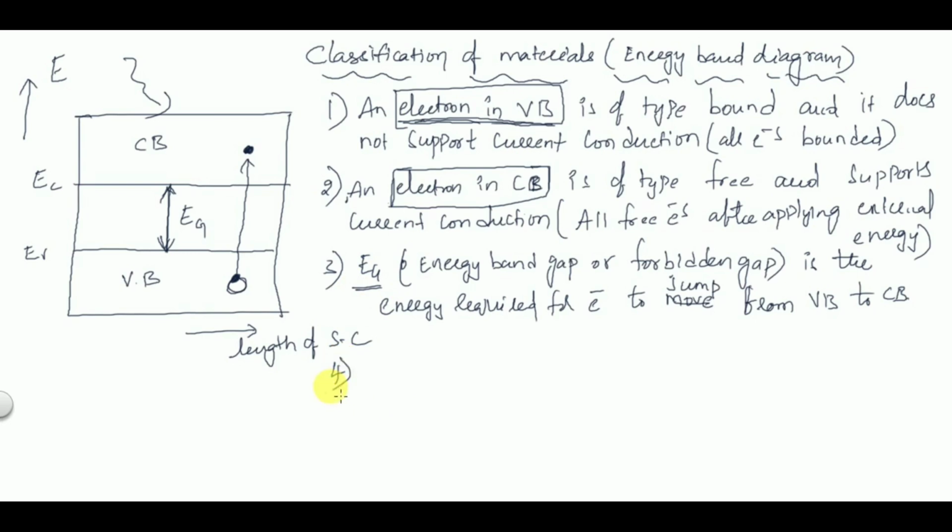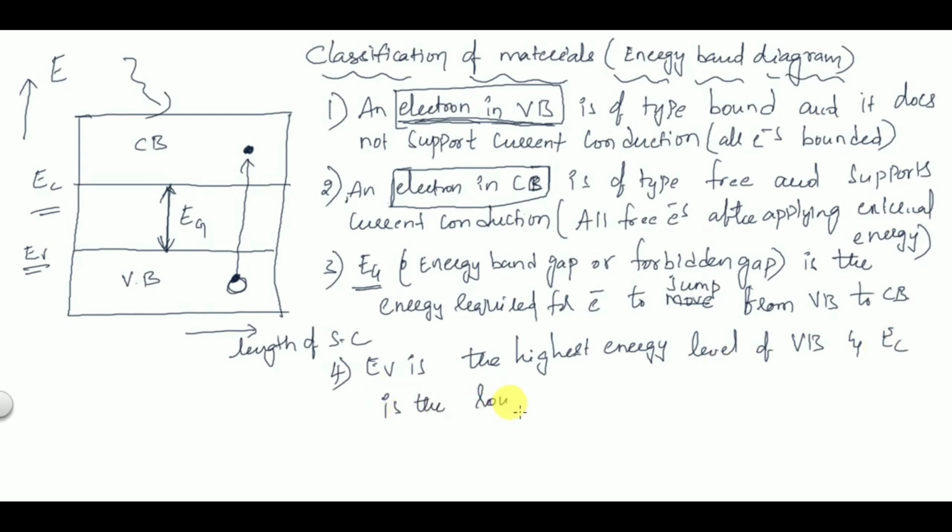We'll discuss this energy band gap in another video. What are EV and EC? EV is the highest energy level of the valence band, and EC is the lowest energy level of the conduction band.